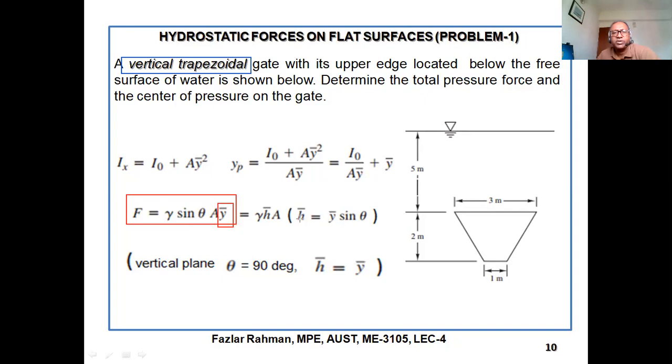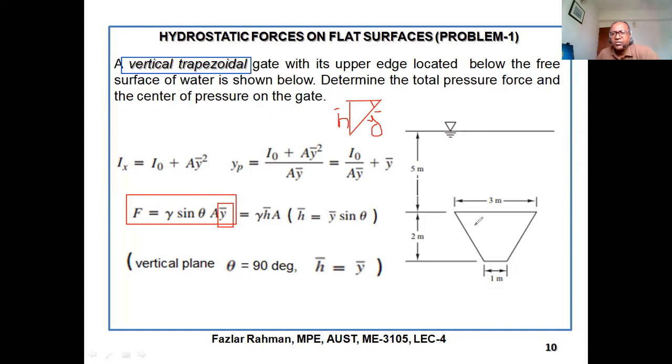So what is the relationship between y bar and h bar? We showed that this is the triangle. This angle is theta. So this is y and vertical height is h. If I say this is y bar, sine theta equals h bar divided by y bar. So if you know the y bar, then you can figure out the force. Now, how will you figure out the y bar? In that case, y bar and h bar are the same.